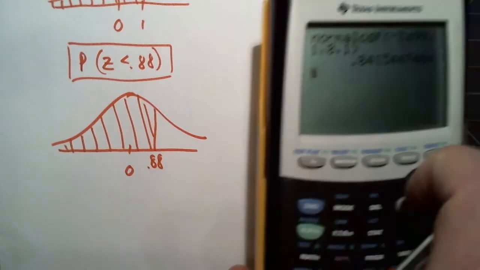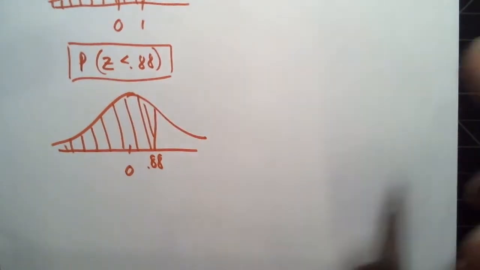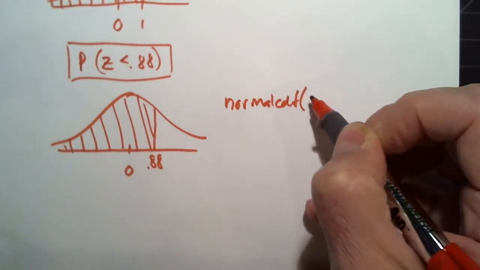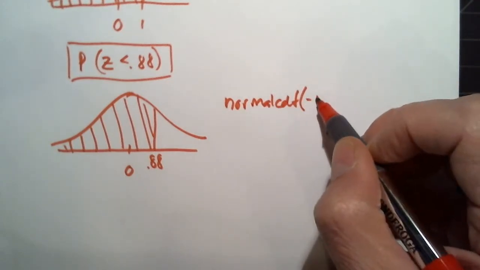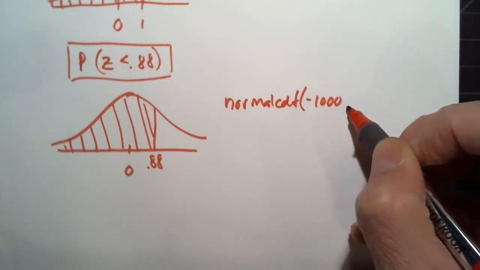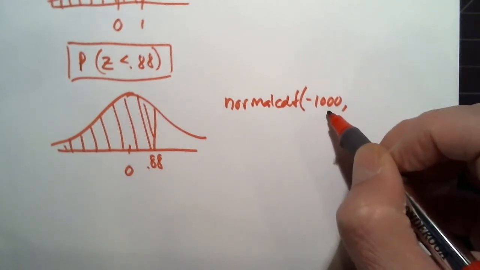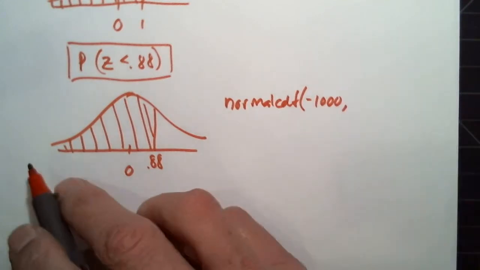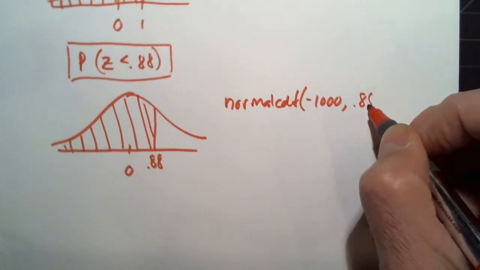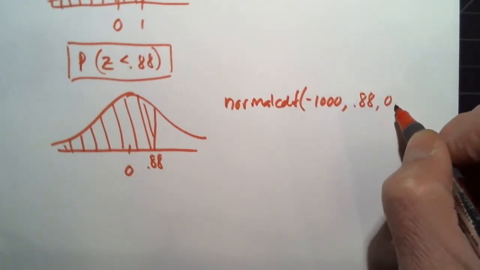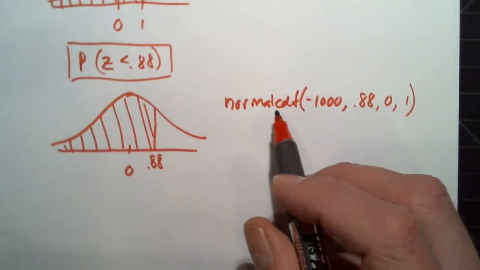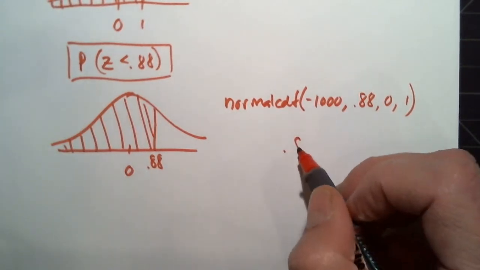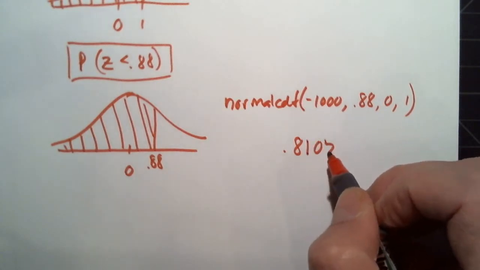And then in the calculator, it would be normal CDF, left bound. You could do negative 1,000 or whatever. Negative 10 would probably give you the same answer. It goes from the left to 0.88 with a mean of 0, a standard deviation of 1. So if we do that on the calculator, we get 0.81057.